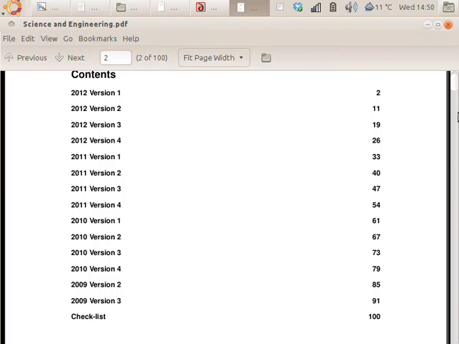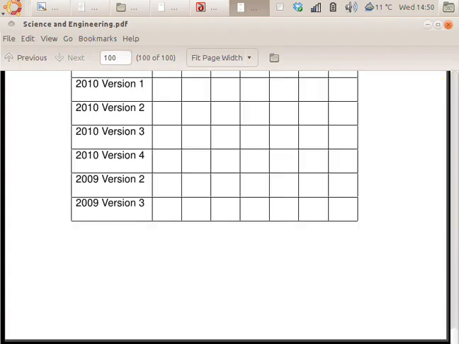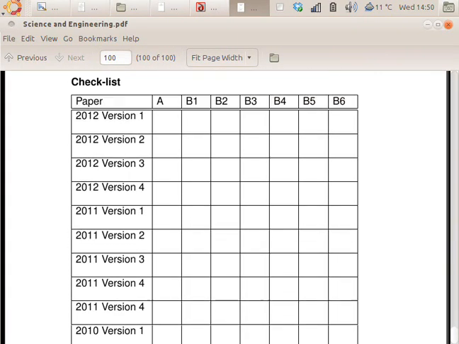And then at the very back page, I put a checklist so you can check off the questions you've done. So we've actually done all of version 1 and some of version 2. But it's much better if you only check it off if you tried it yourself at home rather than seeing me do it, okay? So it's all there for you. I recommend doing all of these papers. If you do all of these papers, you should be fine.